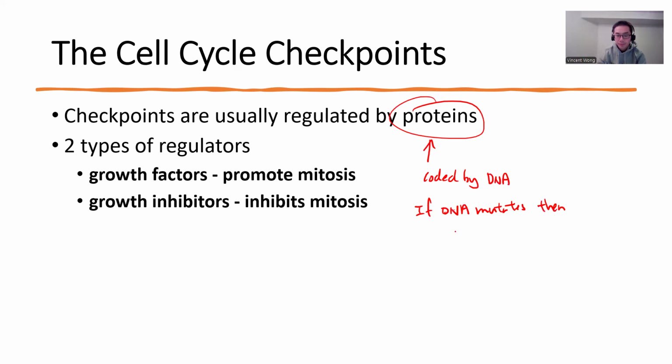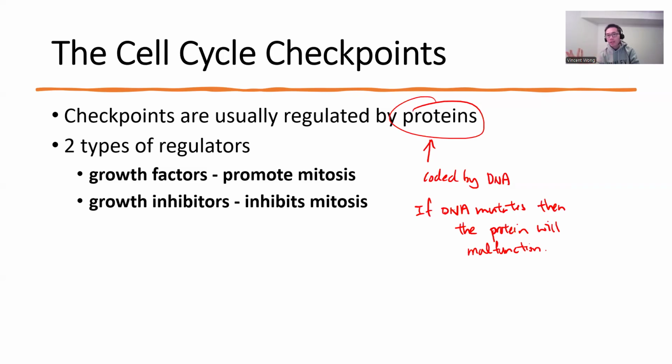then the protein will malfunction. Okay? So DNA mutation means your DNA changes, and that could happen because of a mistake made during DNA replication.